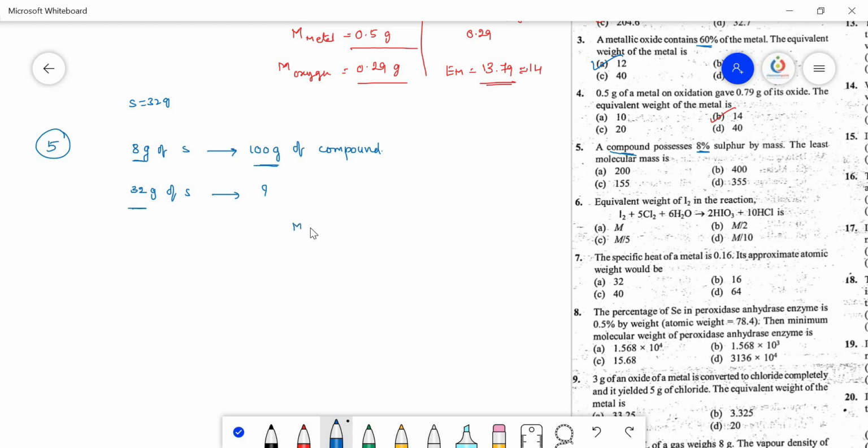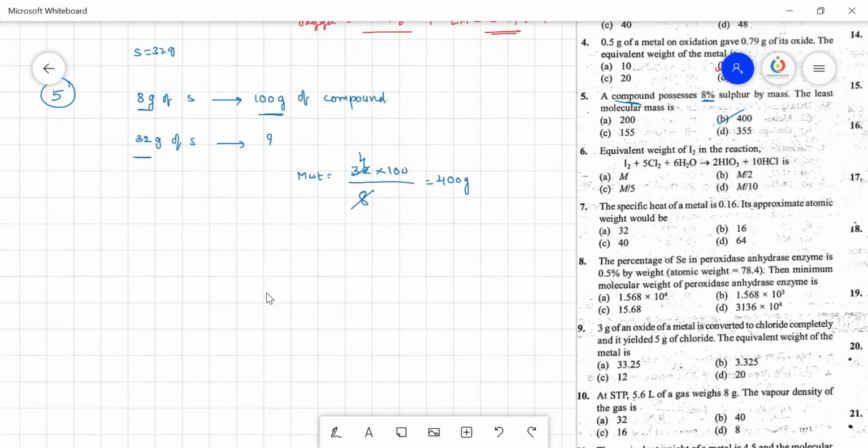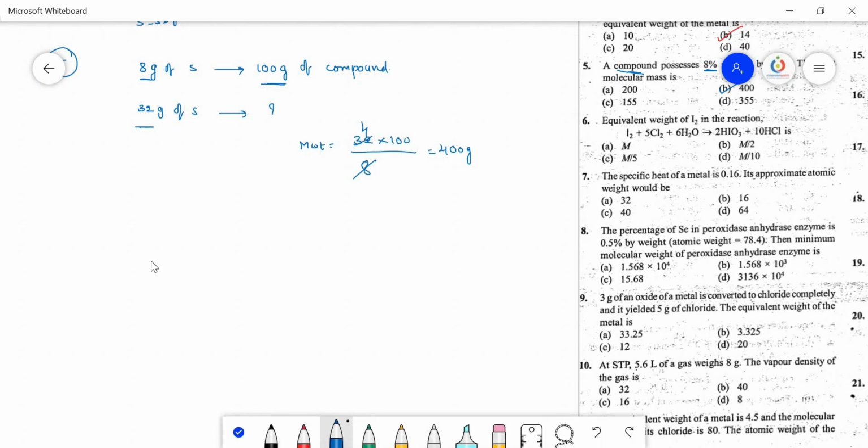So the mass, meaning the molecular weight of the compound, equals 32 into 100 divided by 8. It goes almost 4 times. So the total value equals 400 grams. Option B is correct. Now let us try to solve question number 6.